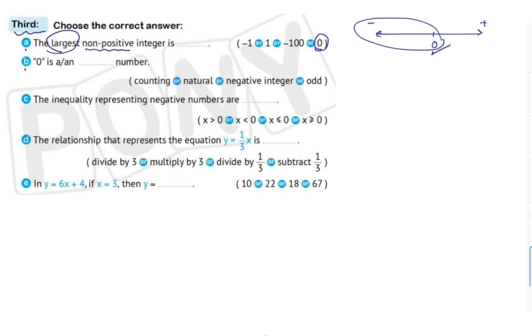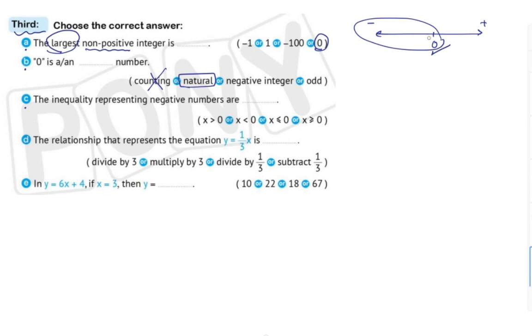Point B, 0 is a blank number. Is 0 a counting number? No. Is 0 a natural number? Yes, 0 is a natural number. Point C, the inequality representing a negative number.